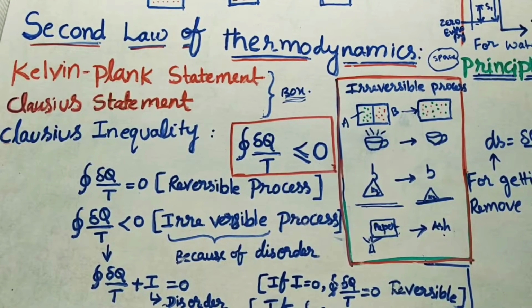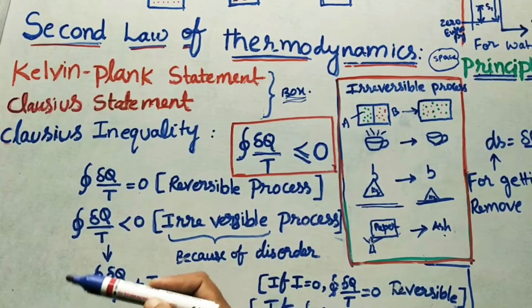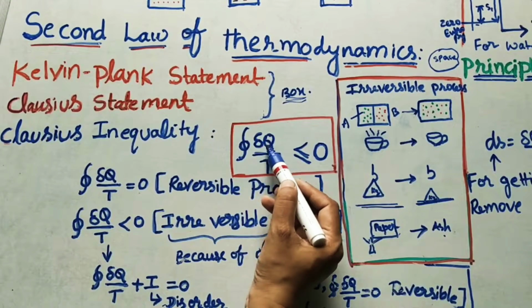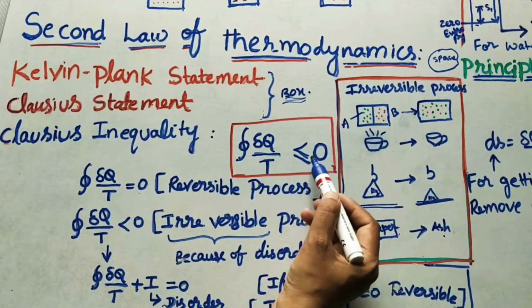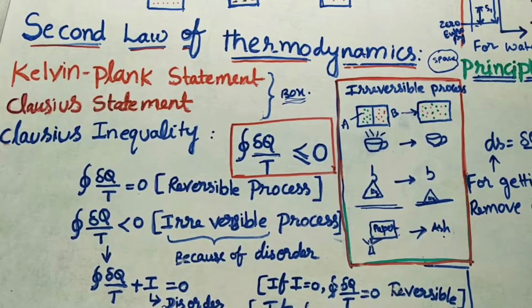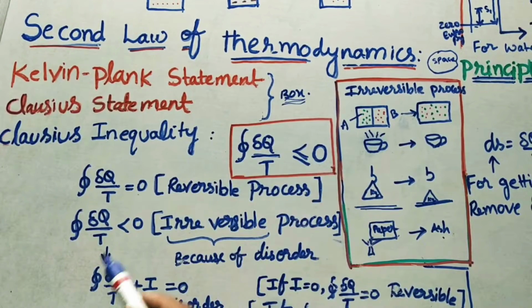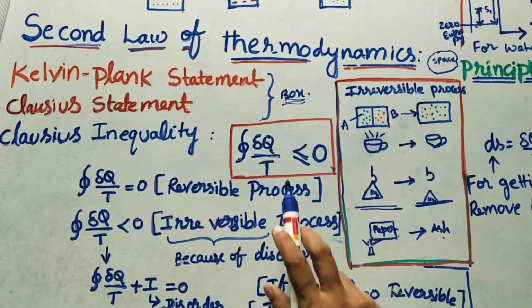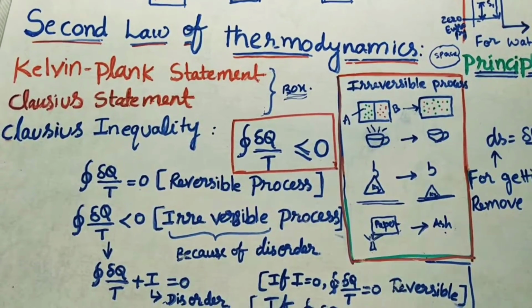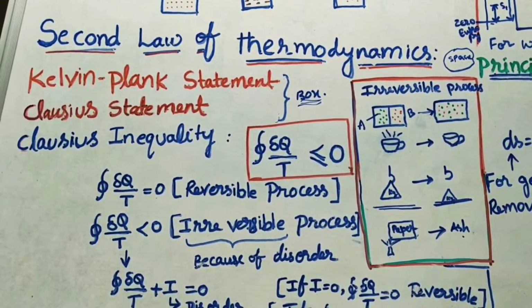Now, if we get the value of delta Q by T greater than 0, that process is impossible. In competitive exams, sometimes they ask whether a value greater than 0 is possible or not. That process is not possible. Here I have written that delta Q by T greater than 0 is not a possible process.